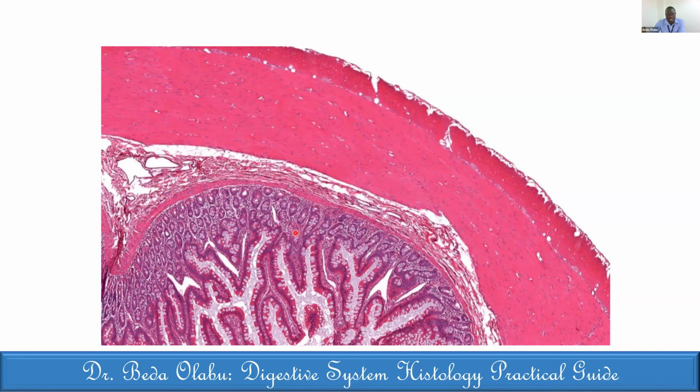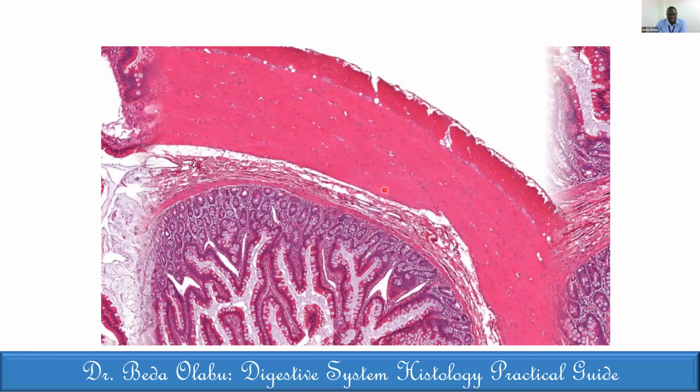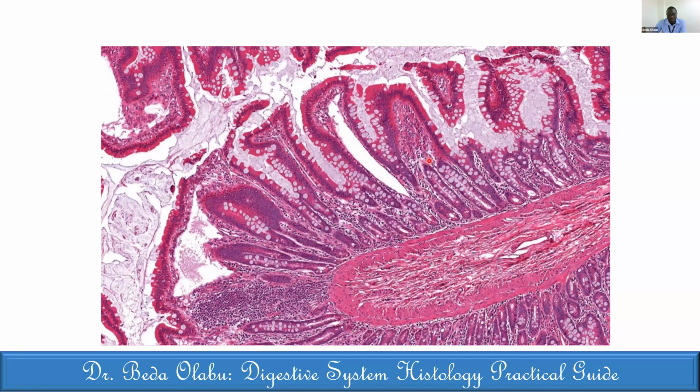Yes, we can see that, and this is a submucosa. Again, this submucosa does not have glands. It's not esophagus. This is the inner circular layer. That's the outer longitudinal layer. Perhaps this region shows the mucosa better. In the lumen, we can see very thick mucus secretion.